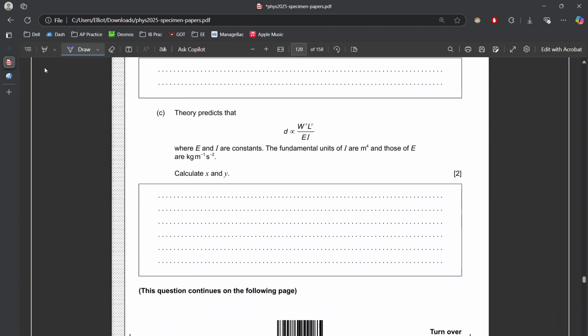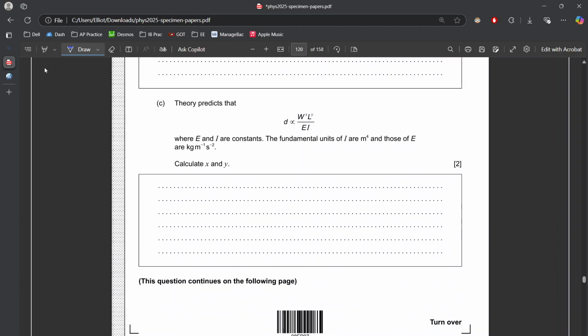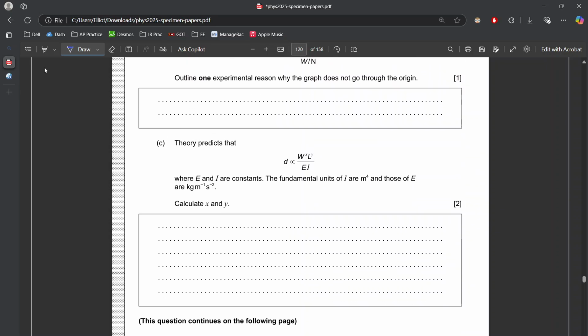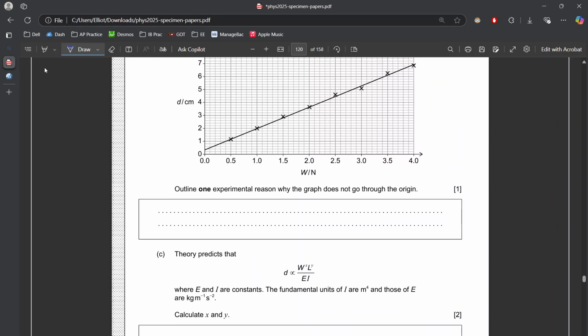Alright, theory predicts that d is proportional to the weight to the power of x times the length to the power of y, divided by E to the I, where E and I are constants. The fundamental units of I are meters to the fourth, and those of E are kilograms per meter per second squared. Calculate x and y. Huh. Okay.